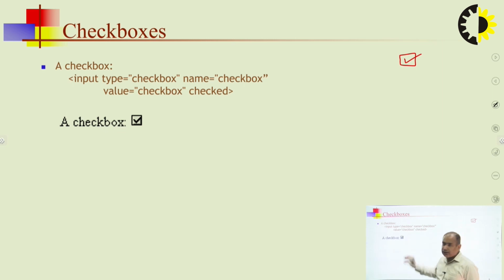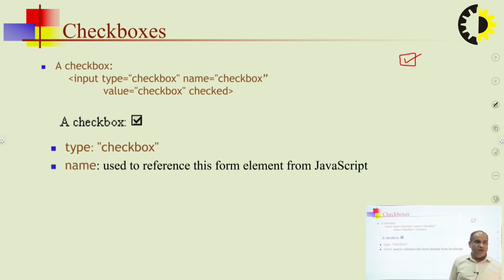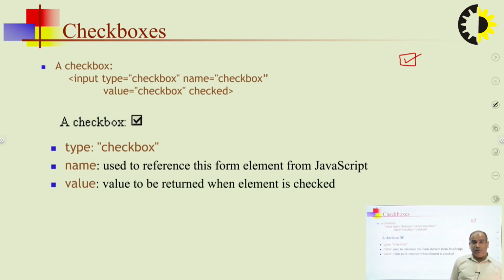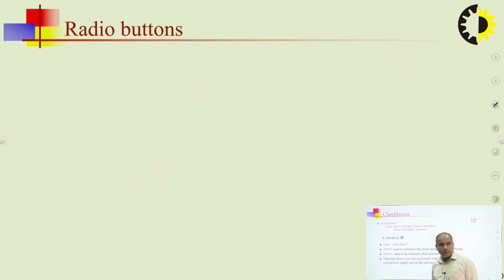So this is used in a form to create a checkbox. Type equal to checkbox. Name is used to reference that form element from JavaScript or other servlet elements. Value is returned when the element is checked. Note, there is no text associated with the checkbox, so you have to supply text in the surrounding HTML.